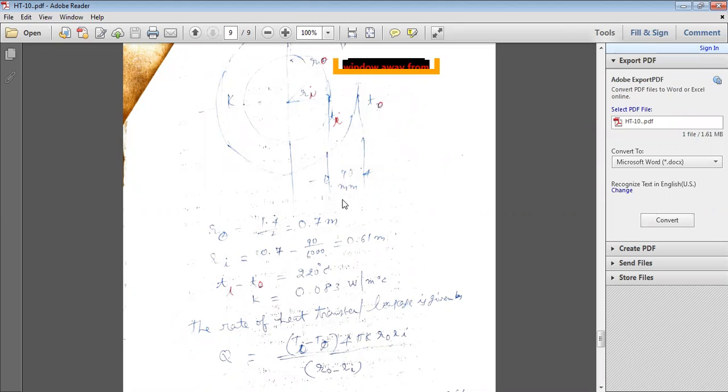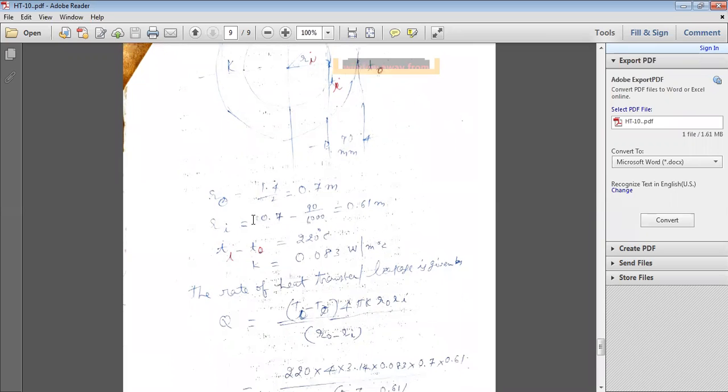Ri is the outside radius Ro minus the thickness, that is 90 mm. Ro 0.7 meters minus 90 by 1000 meters. If you calculate that, the inside radius is 0.61 meters.